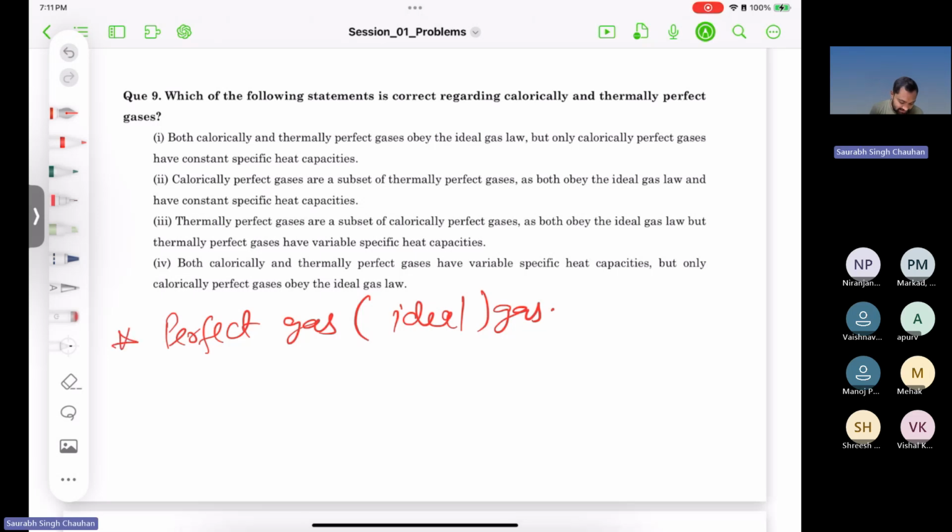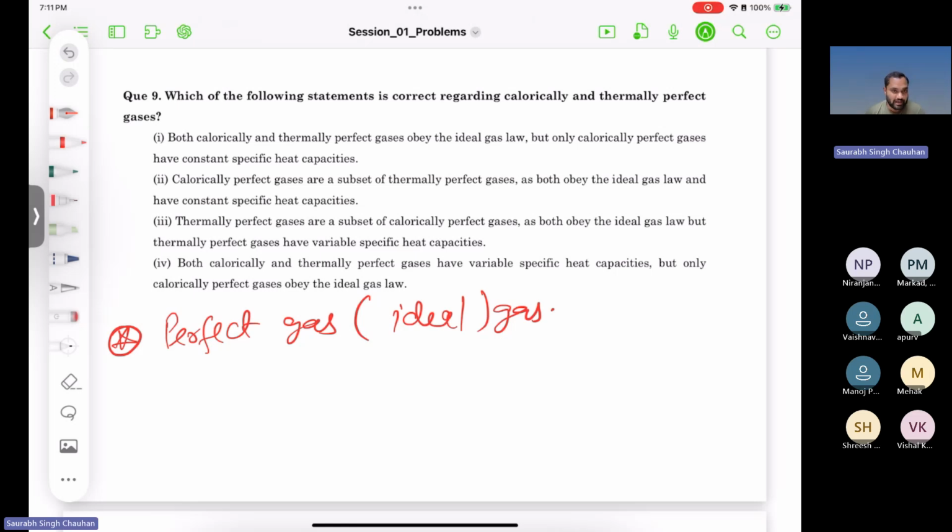So there are a few assumptions for the ideal gas. One is that the particle to particle interactions are not there. So the gas molecules are not interacting among themselves. Another thing is that they are very small, they have zero size.